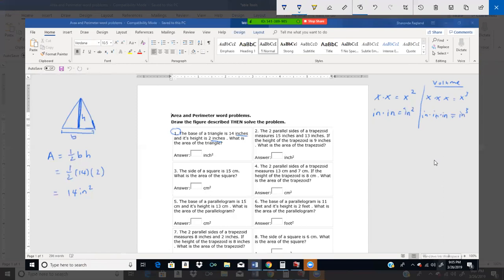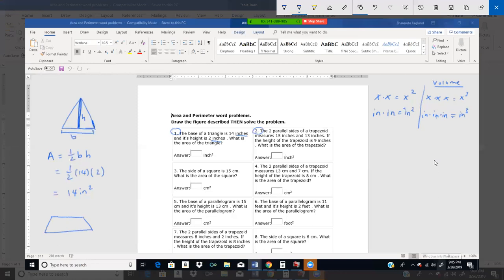Now let's look at number 2. We have the 2 parallel sides of a trapezoid. A trapezoid looks like this. Excuse my drawing, it's lopsided.